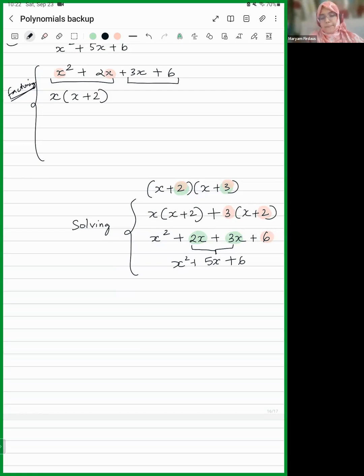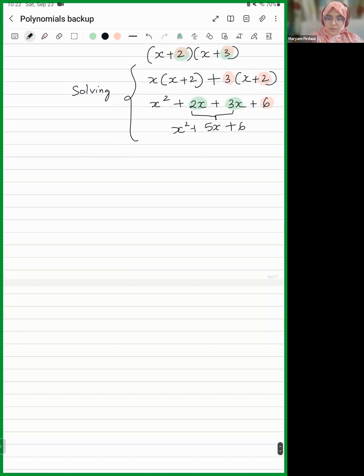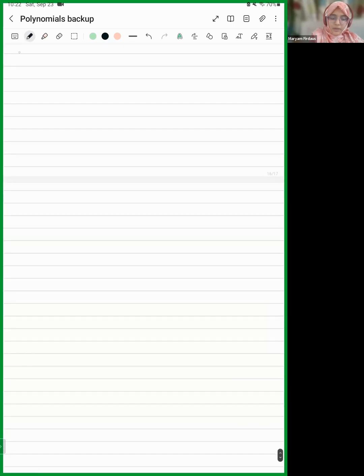Abdul Rahman, tell us how to do this question. Question number 2.